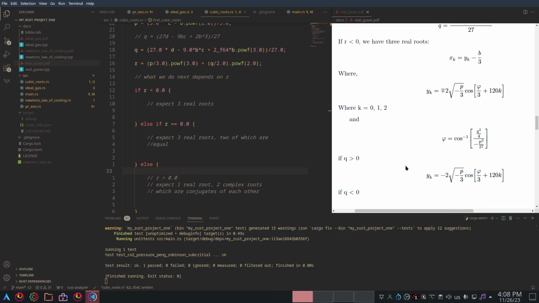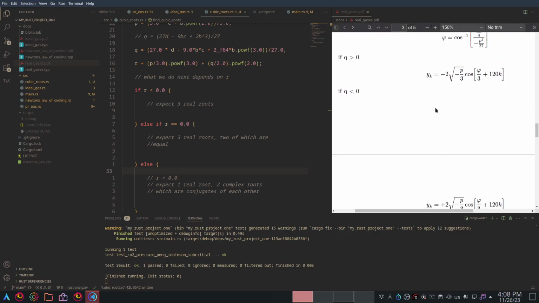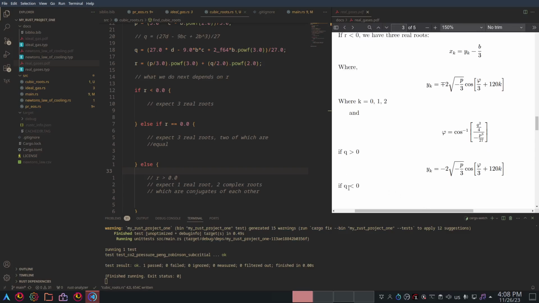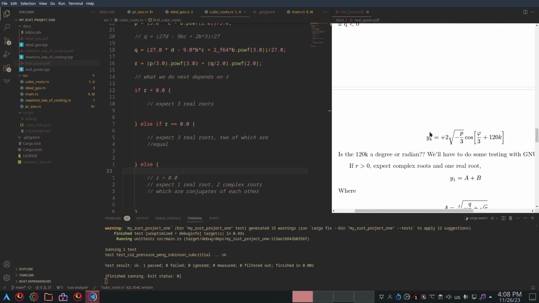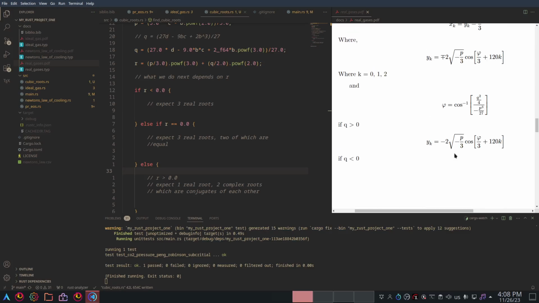This is where the cosine comes in. And then we have a phi over here, which is cosine inverse of this thing here. And then we again have multiple cases where q less than 0 or q more than 0.